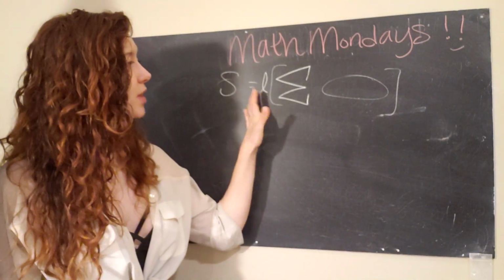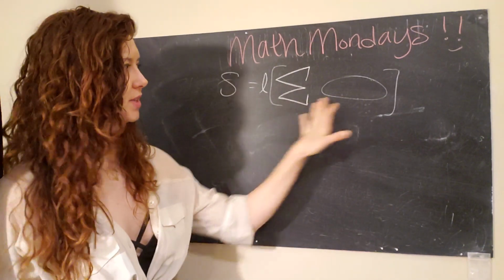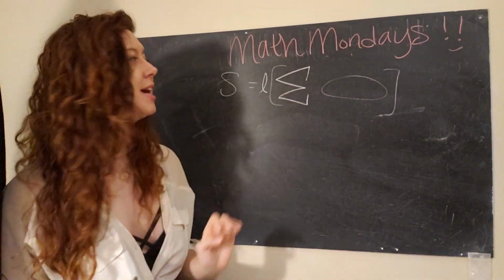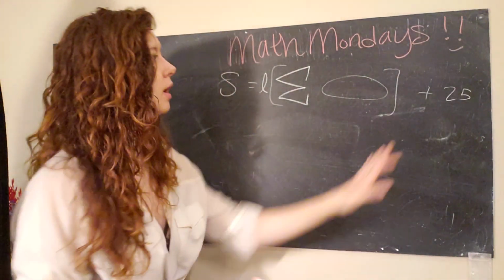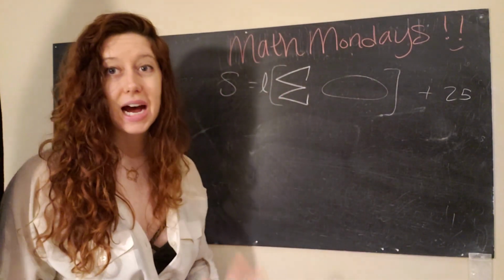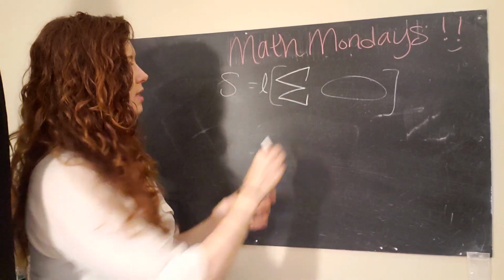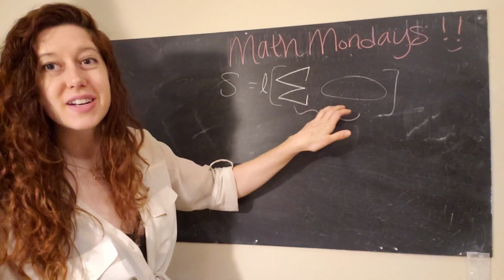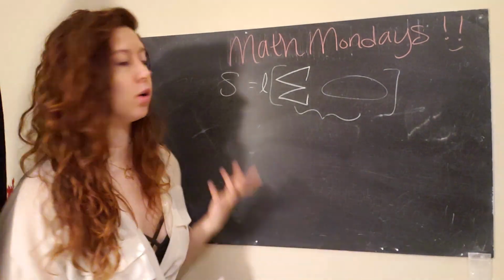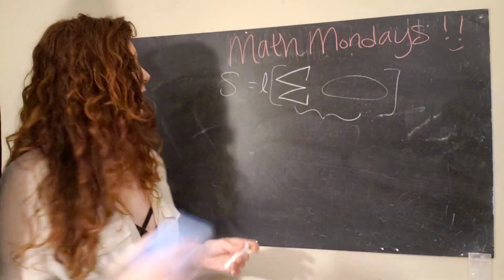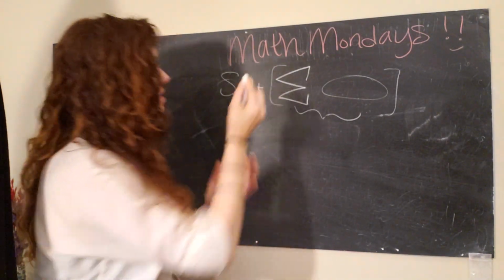When you see something on the outside of the sum, I'm going to use the letter L. It's almost always written on the left side because the sum can go on for a long time. Or if you see brackets and then plus 25 or whatever, these are outside of our sum. You would add up all of the stuff in here, and then multiply by L, or maybe you have L plus this.